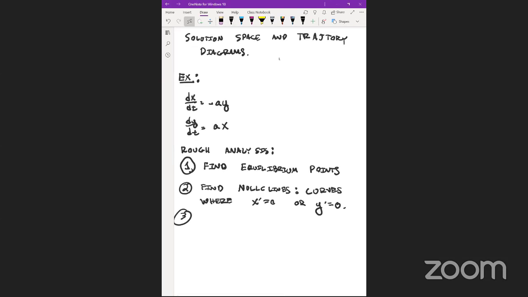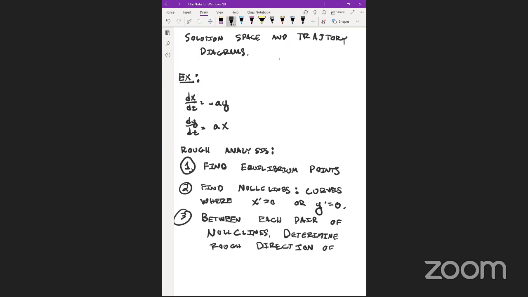And third, between each null cline, determine the rough direction of the trajectories, the rough direction of the solutions.